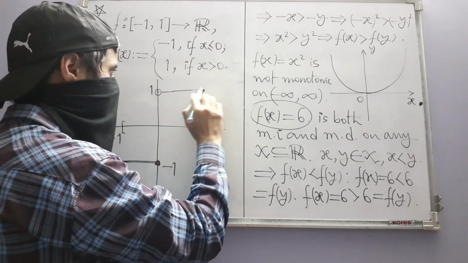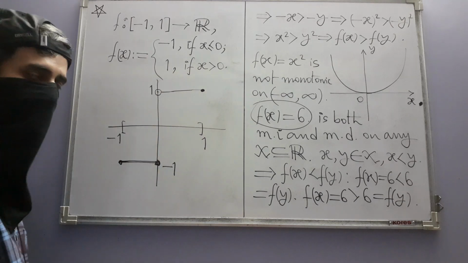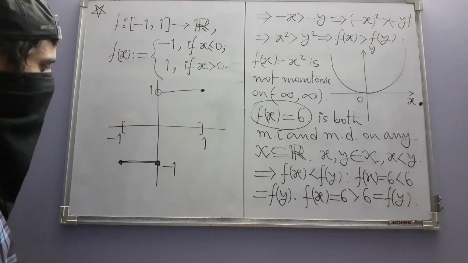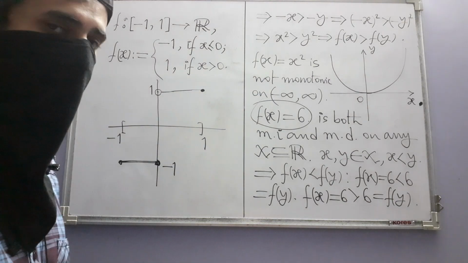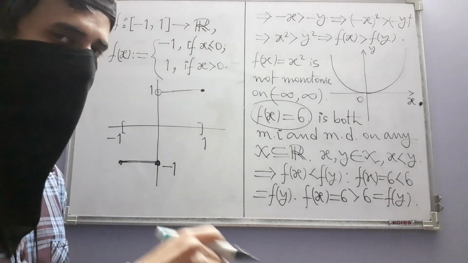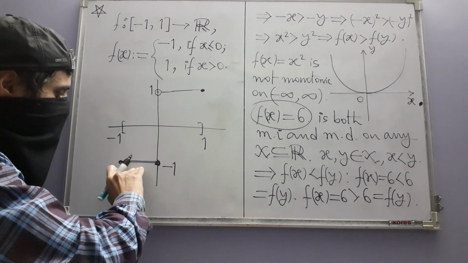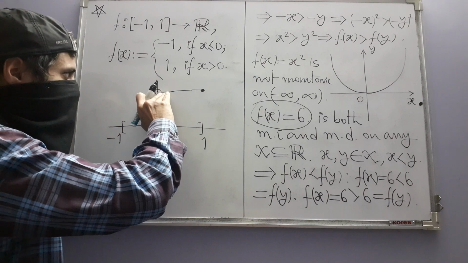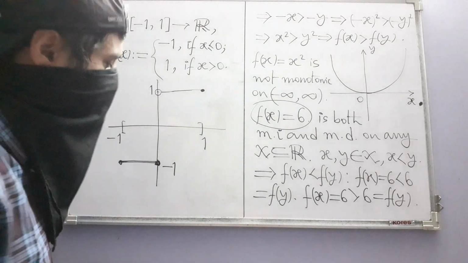And it of course reaches this point, which is the point (1, 1). So from the graph you can see that the function is monotonically increasing, not strictly, but it's monotonically increasing. The graph stays constant like this, and then suddenly it increases, and then again it stays constantly 1.